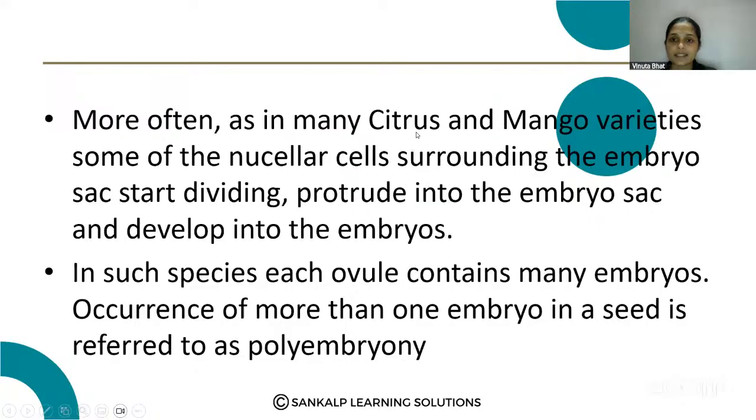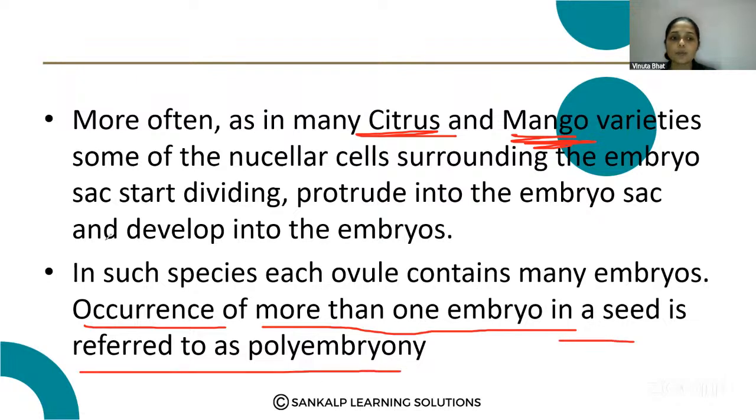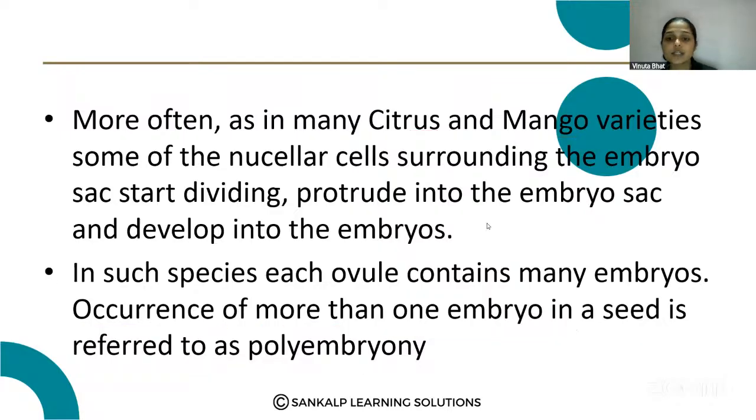For example, citrus and mango show polyembryony. The occurrence of more than one embryo in a seed is called polyembryony.